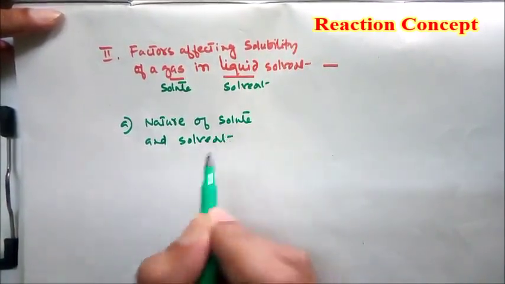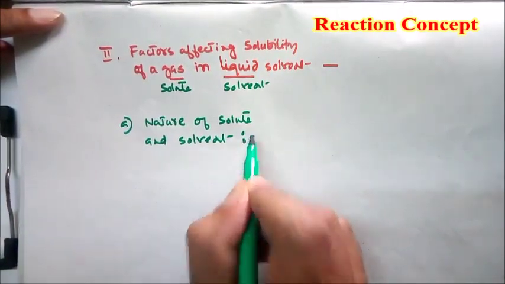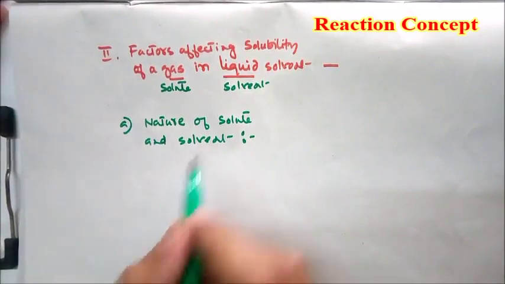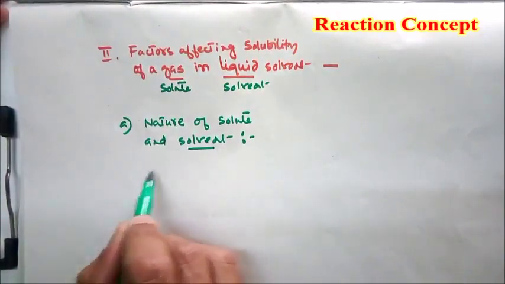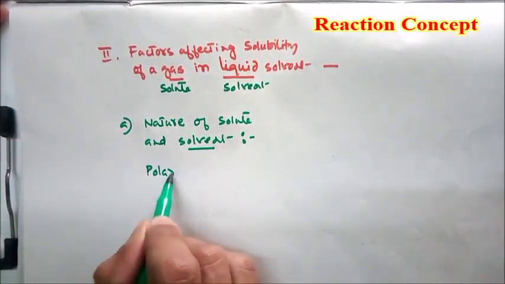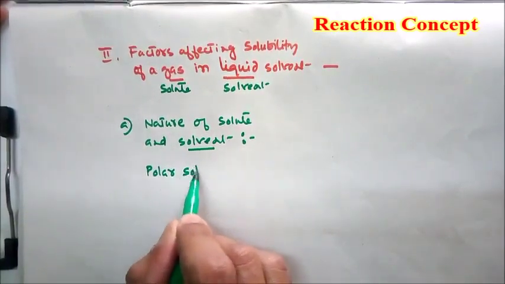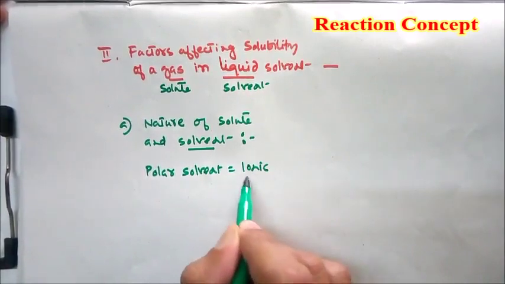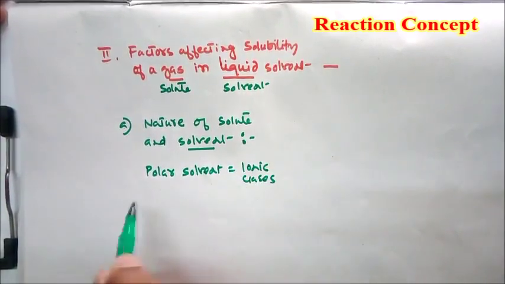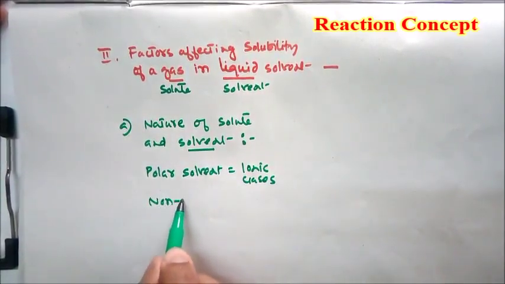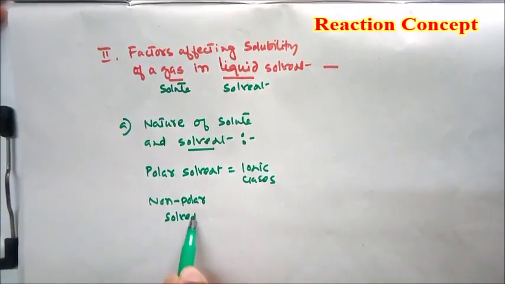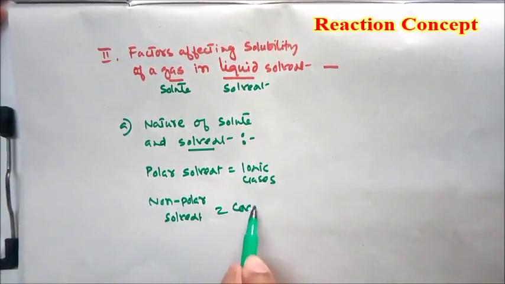In this case also, solute and solvent having the same chemical property will dissolve each other. That is, a polar solvent will dissolve ionic gases, whereas a non-polar solvent will dissolve covalent gases.